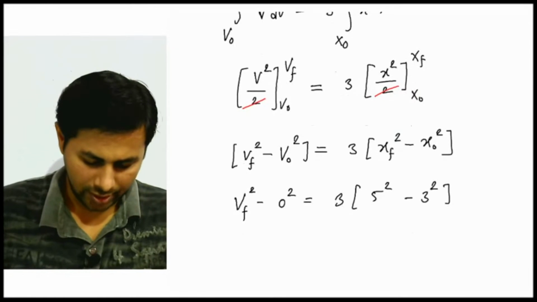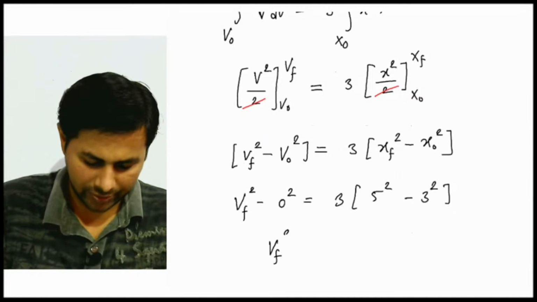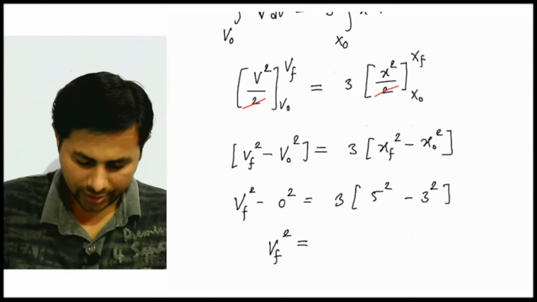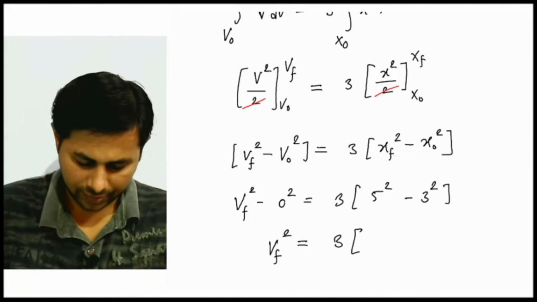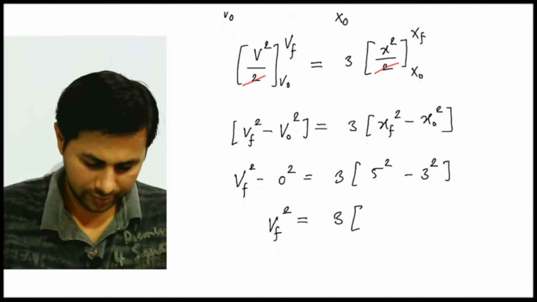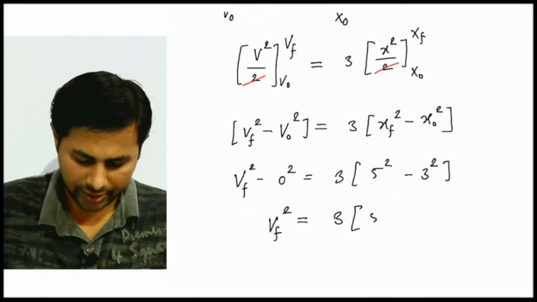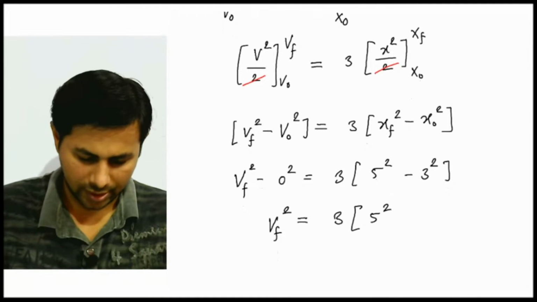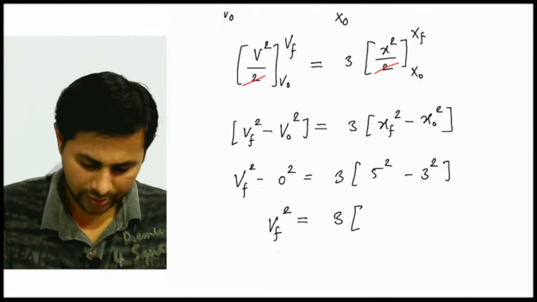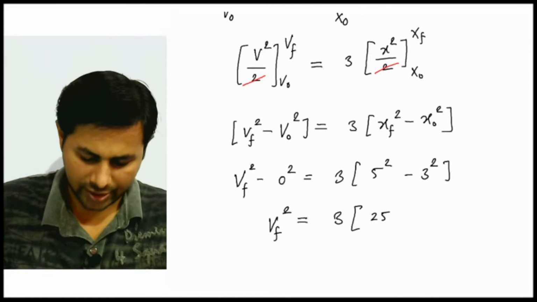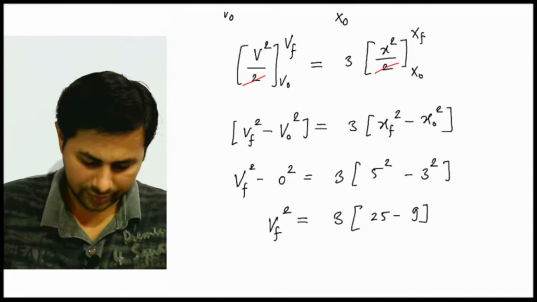Okay, so we have vf squared equals to 3 times 5 squared is 25 minus 3 squared is 9.